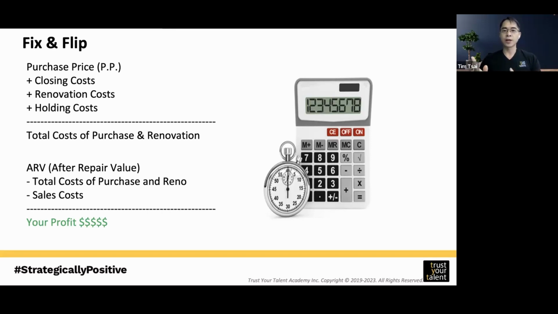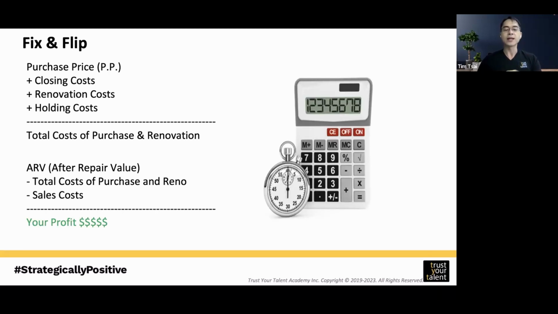Sometimes in a different calculation, we will call it our total initial investment. What that means is, how much did it cost us? What was the initial investment that we had to put in to bring this property up to the standards that we can exercise the exit strategies that we've chosen for it?